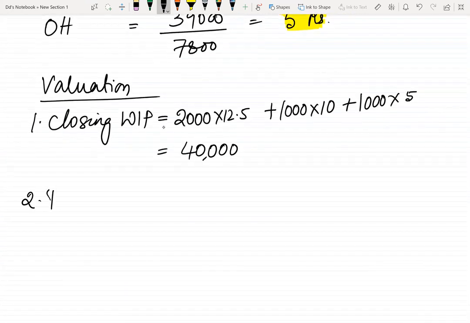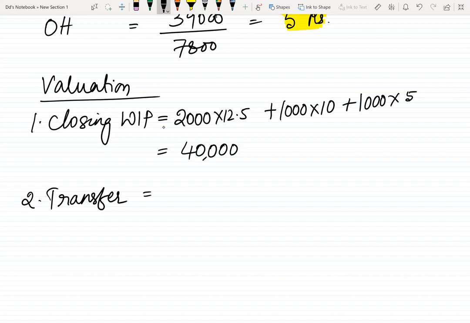Second thing is transfer. Listen to me. This transfer working, you have to be little careful because something that came from previous period, which is your opening WIP, that also you will transfer. On that you will put some efforts and that also you will transfer. I repeat, please listen to me.